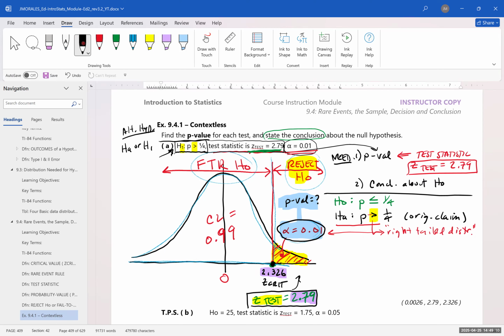So 2.79 is just going to be somewhere here off to the right. That's where our test statistic is. And if our test statistic is here, it's clearly in the reject the null region. So our conclusion is going to be to reject the null.